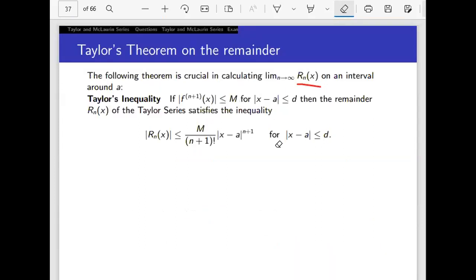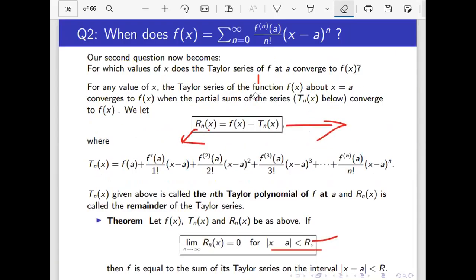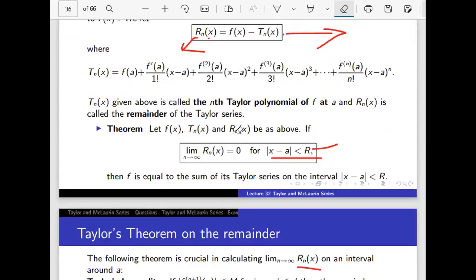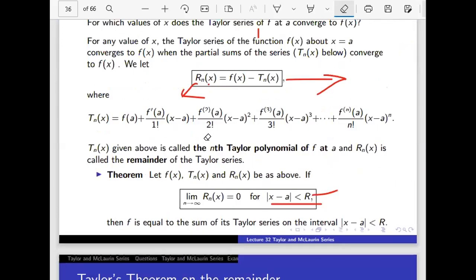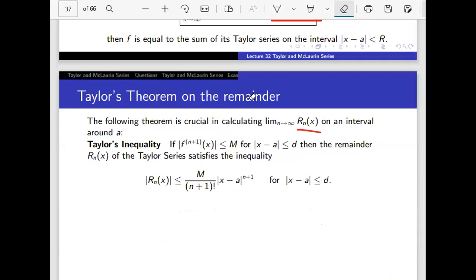So, all right, let's look at this theorem. This theorem is very important right here. So let's assume this function is n plus 1 times differentiable on this interval.